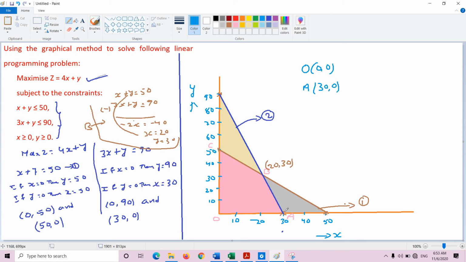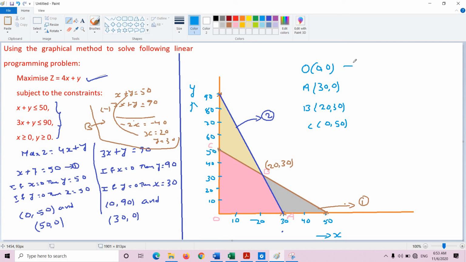Here is the coordinate point 30, 0. Now B is 20, 30. Right. C is 0, 50. Now let me calculate the z value.